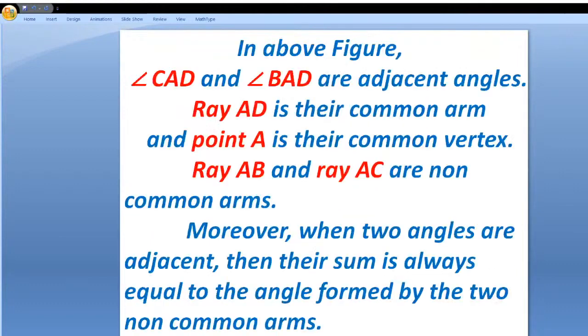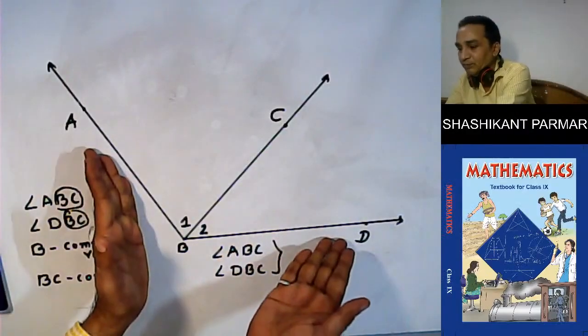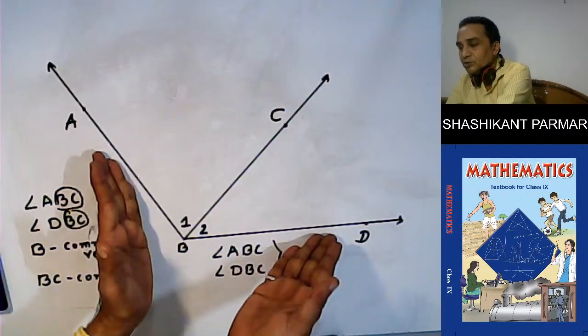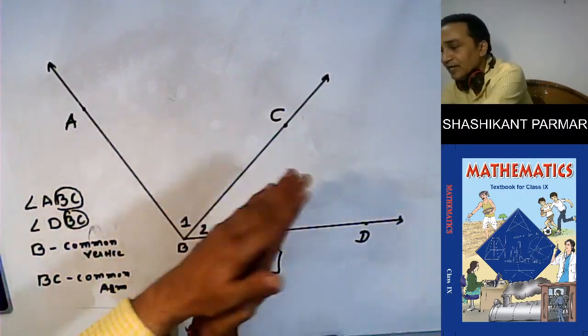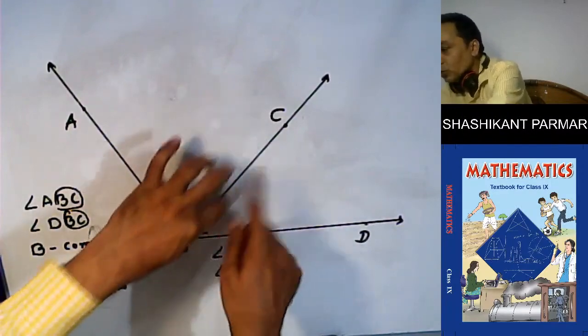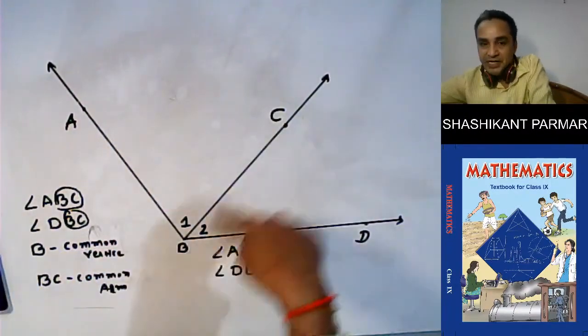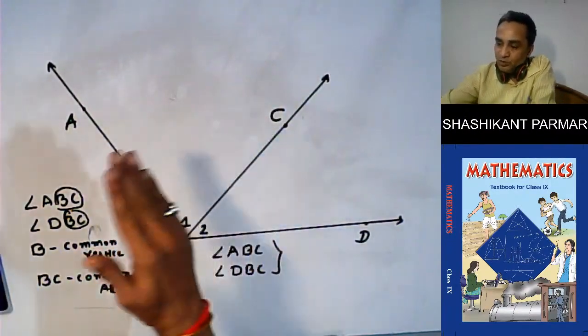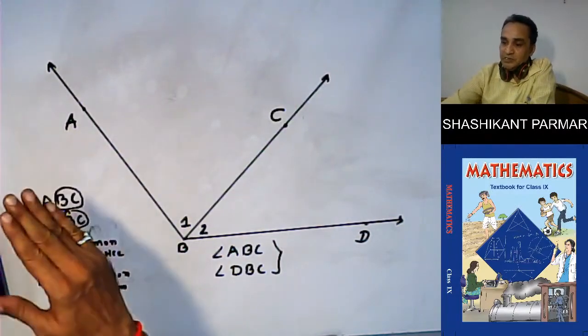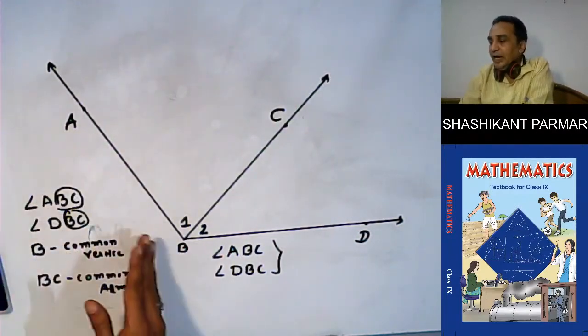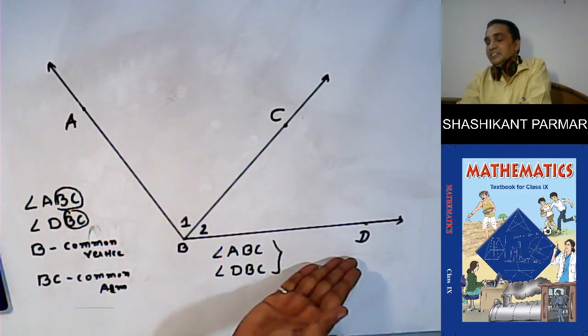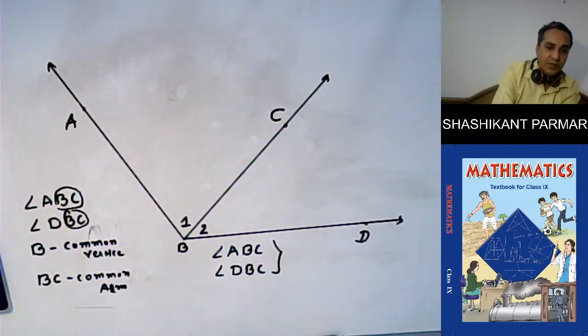So the non-common arms BA and BD should be on different sides of the common arm. BD is the common arm, so BA is on the left side and BD should be on the right side.